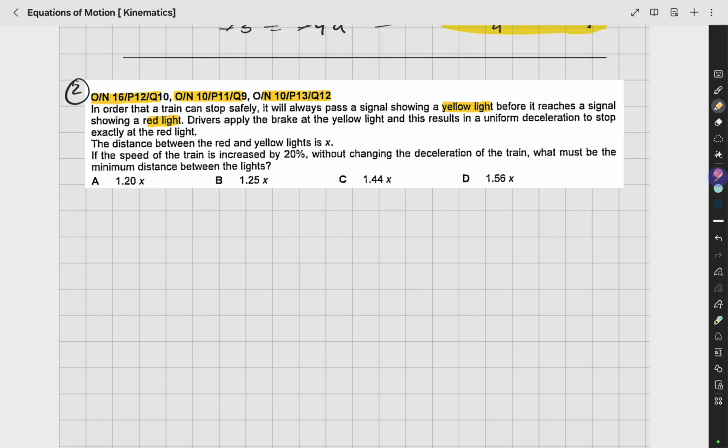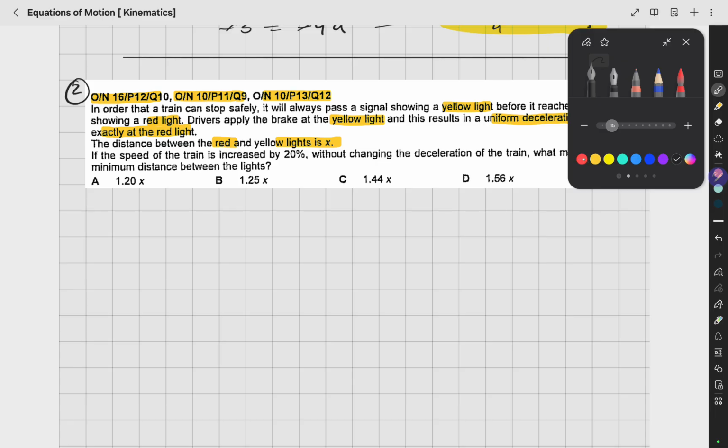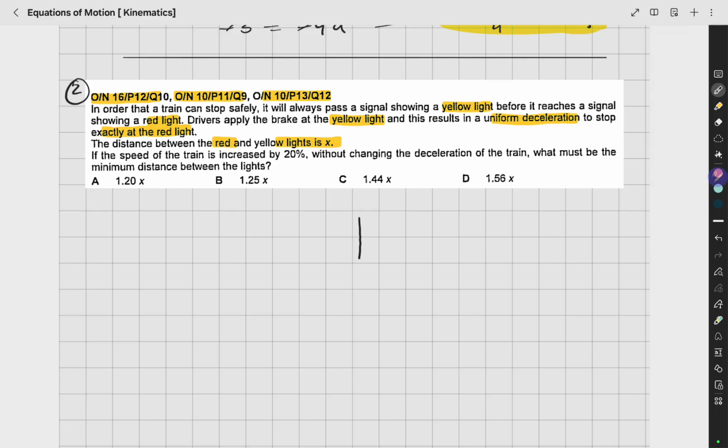This is related to the train system. Drivers apply the brake at the yellow light, and this results in a uniform deceleration to stop exactly at the red light. The distance between the red light and the yellow light is x. Okay, let me just try to make this over here. So let's say here is a signal, and here is another signal.